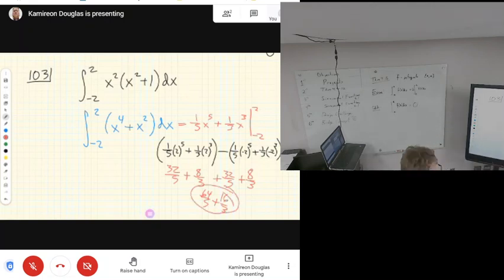Now, it's a little faster if you see it as an even function because, rather than having to do basically the same math twice, I'm only doing it once. So as Abby said, we take this function and we integrate twice from 0 to 2 instead of from -2 to 2. It's double the integral from 0 to 2 of x squared times x squared plus 1.